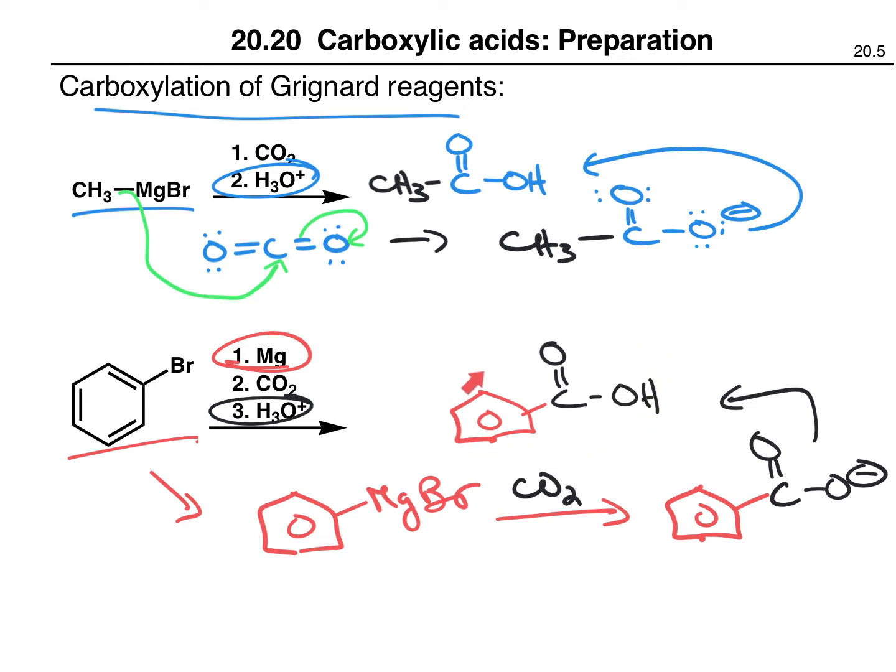Keep in mind, if you are trying to make a particular carboxylic acid, you would want to think about this piece as your Grignard reagent, and then this piece would come from carbon dioxide.